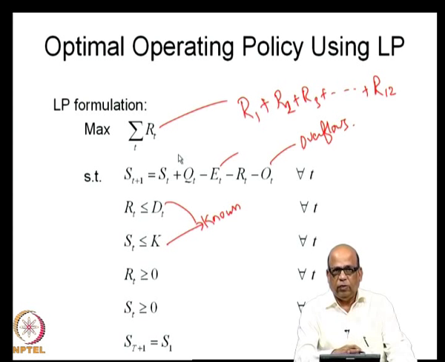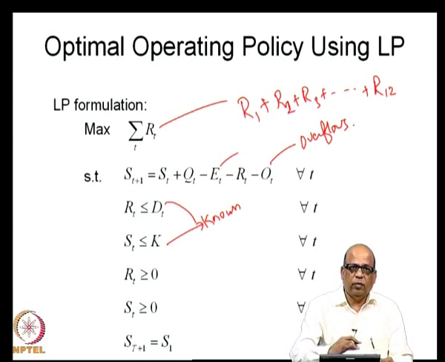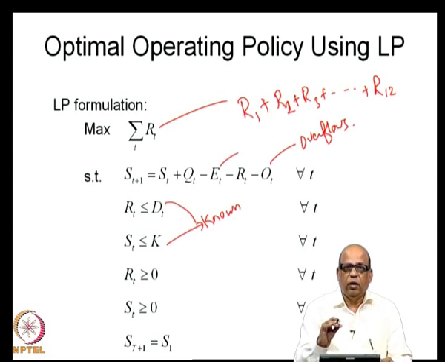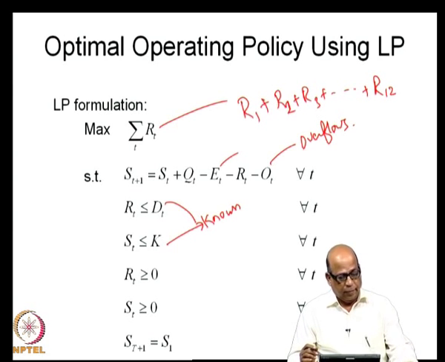Now, typically this is what is done in defining the reservoir operating policies. That means, you leave everything free and then let the optimization problem decide what should be the storage at the beginning of time period 1, beginning of time period 2, etc., and then the associated release sequence. That is what we define as optimal reservoir operating policy.